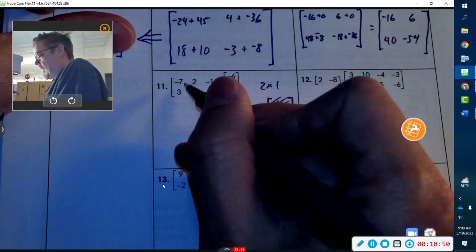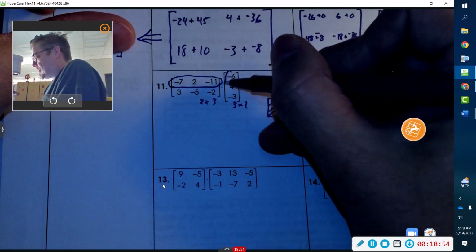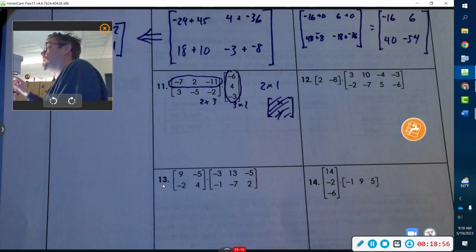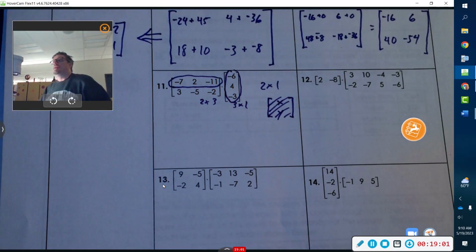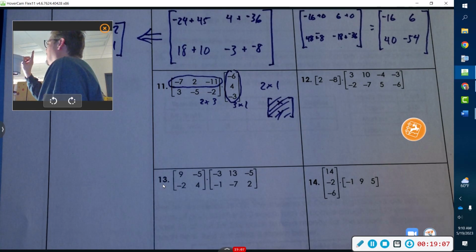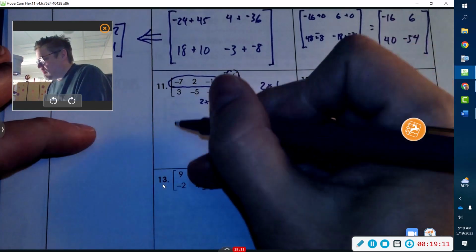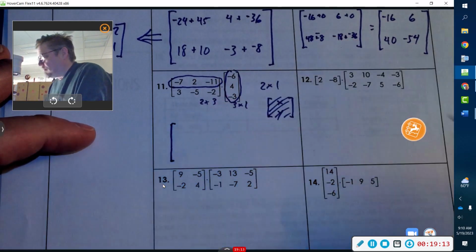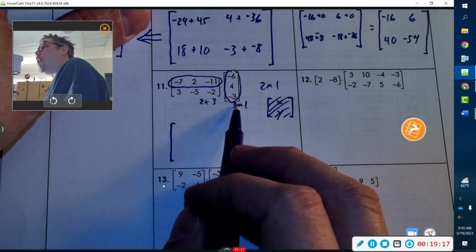I'm going to circle the first row. I will always circle the column of the second matrix. Now, does anybody want to speculate what we're going to do here? The same thing, but do more adding. Yep. So we've got a 2 by 1. What we've got here is we're going to add one extra thing.